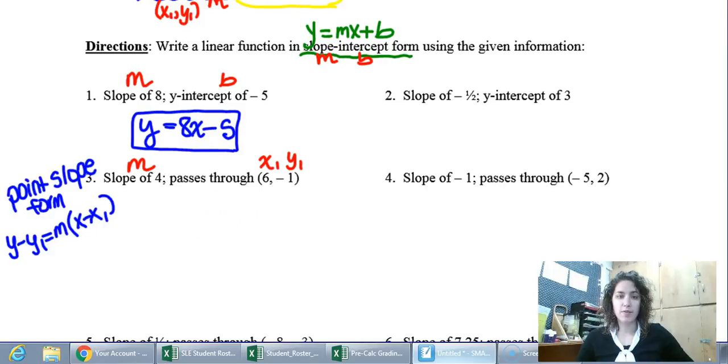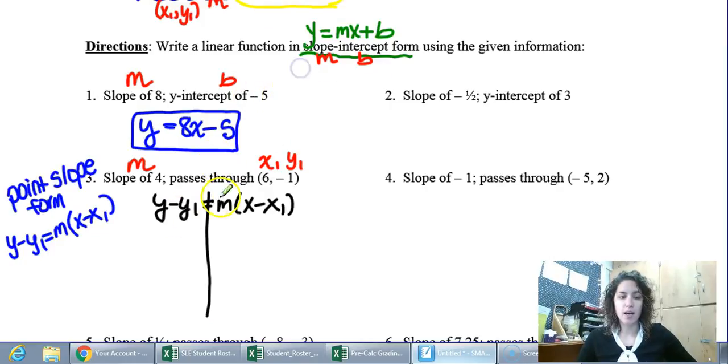And I'm going to write it for myself as a guide. The more we write this, the more we'll remember it. Y minus y1 equals m times x minus x1. Lines on the equal sign. And now let's plug in values. So what we can plug in for is, let me highlight it for us. I can plug something in for m, and then my ordered pair gets plugged in for x1, y1.